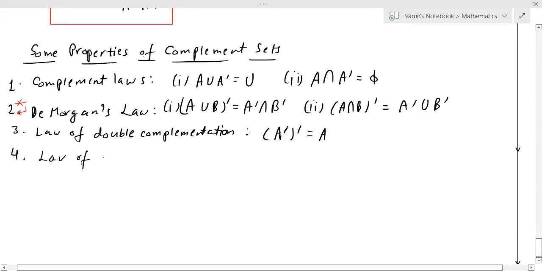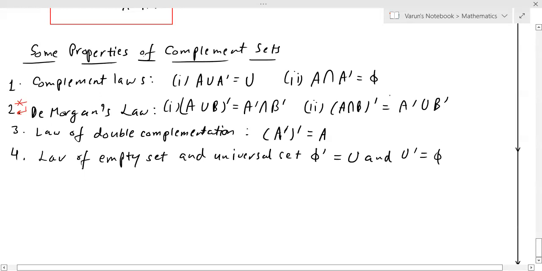Law of empty set and universal set: phi prime is equal to U, and U prime is equal to phi.